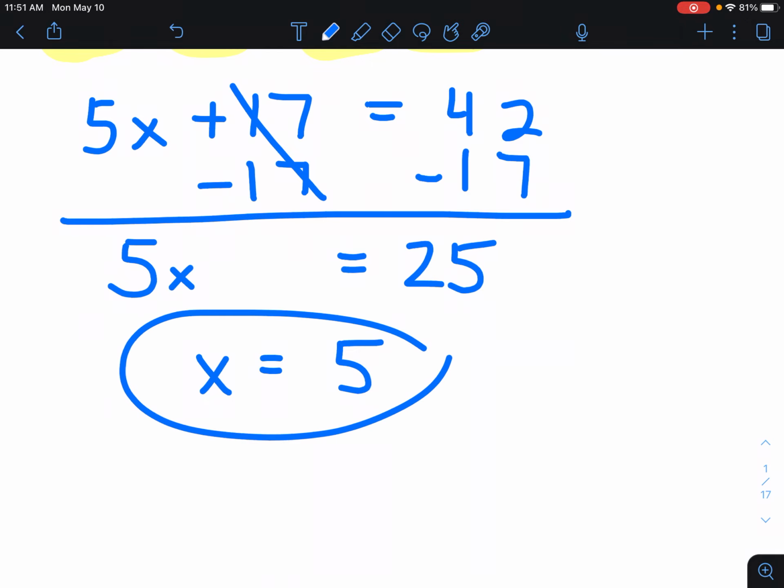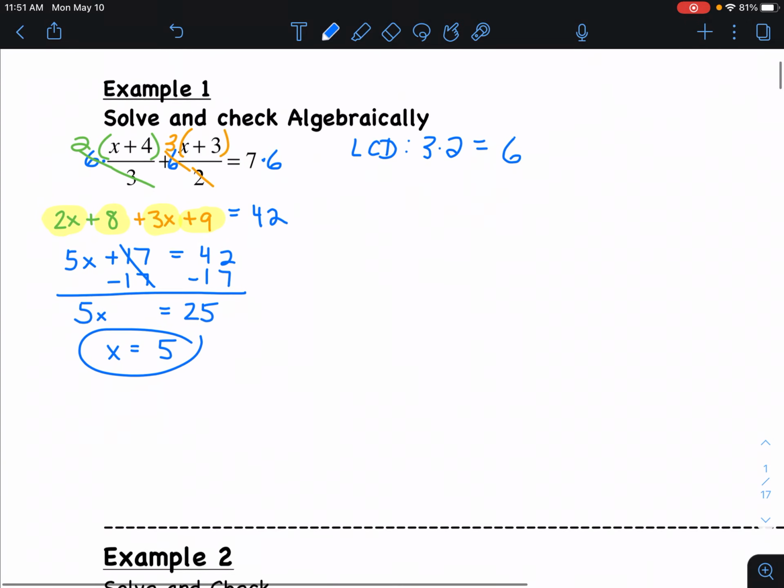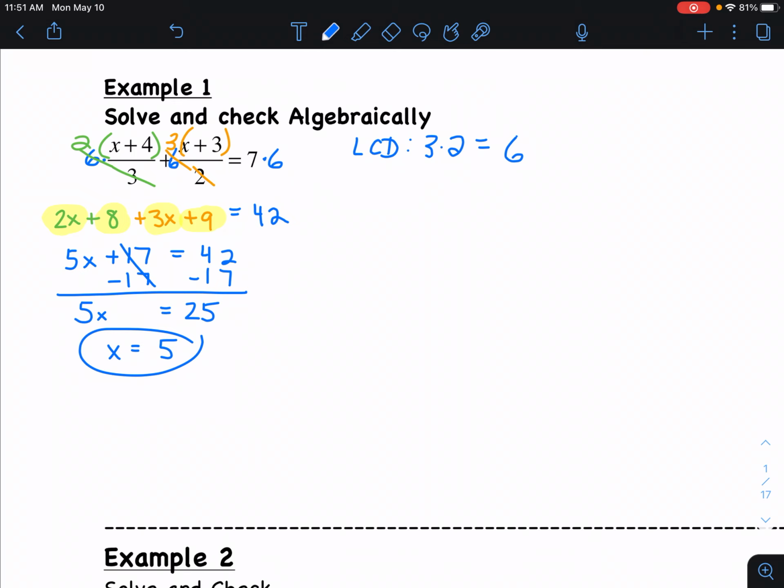All right, so let's go back and check, since that's what the directions say. So we're going to go back into the original problem and plug in 5 for the x's.